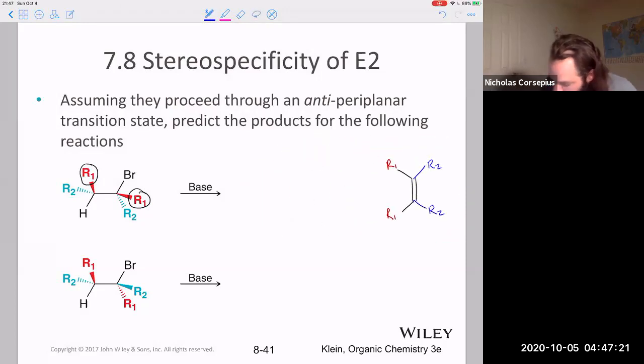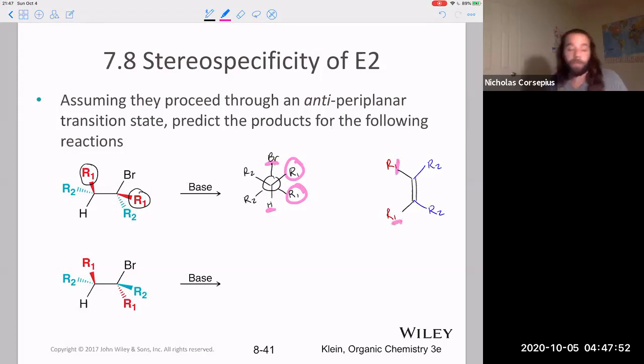I can be even better about this by proving this by drawing the Newman projection of this particular structure first. Right, so the hydrogen's down. Again, you have these R1s on the same side, importantly, when you're in the staggered conformation, and so they're going to be on the same side of your double bond.